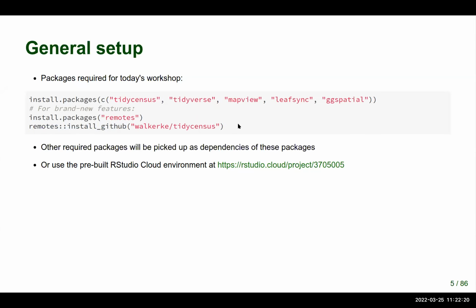This brings in the latest version of tidycensus to your computer, including edits that I made a couple days ago to add new features that you can use. So I'm excited to show some of these new features. You'll be some of the first to see them.